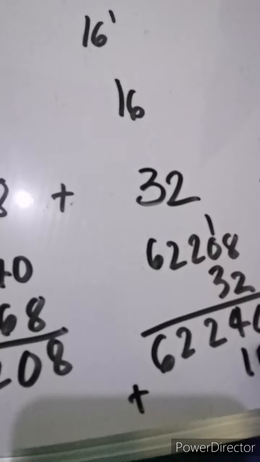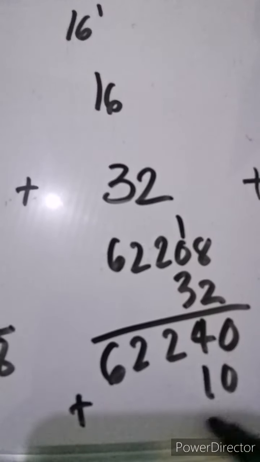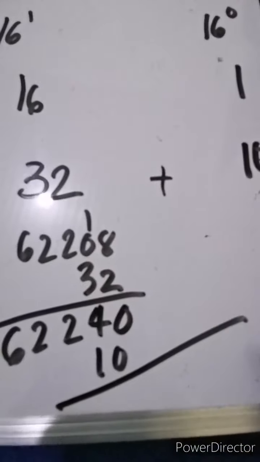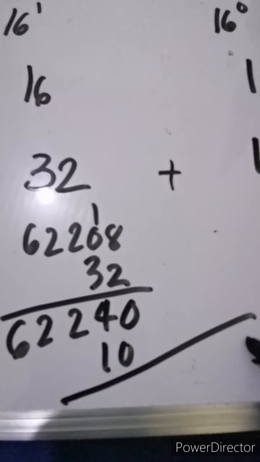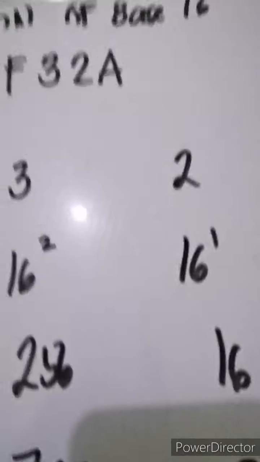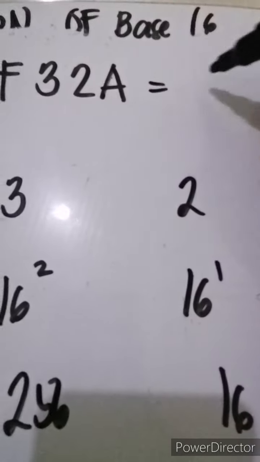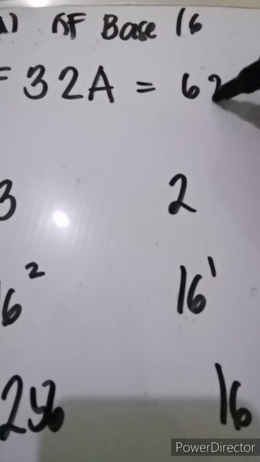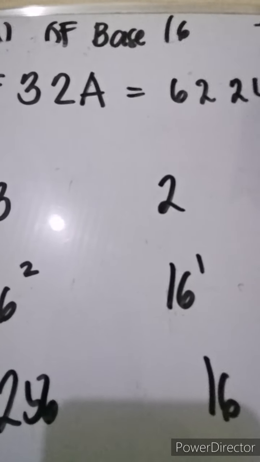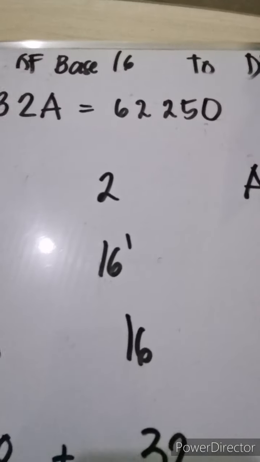Then again, plus 10. We get the answer 62,250. So therefore, our given F3A is equivalent to 62,250 in decimal number.